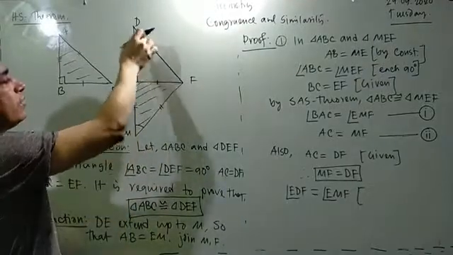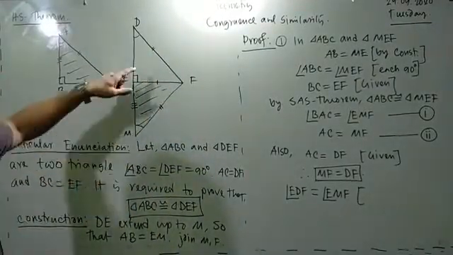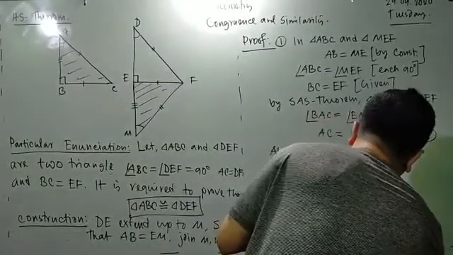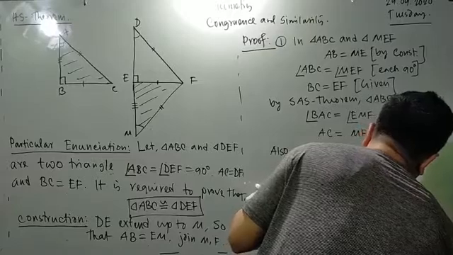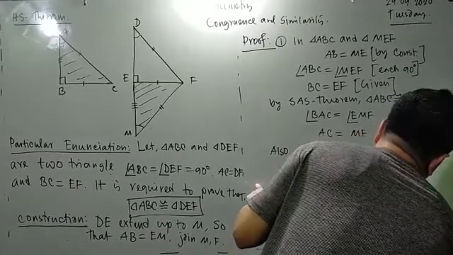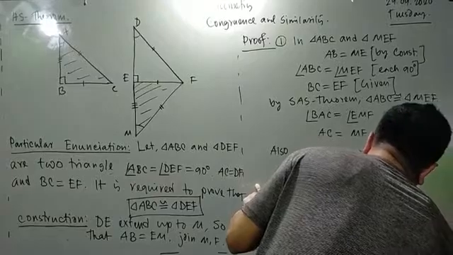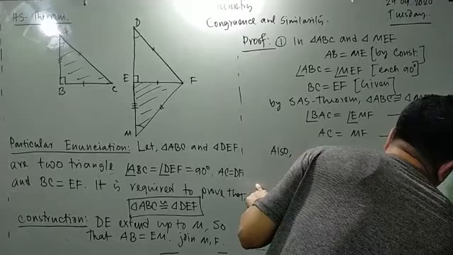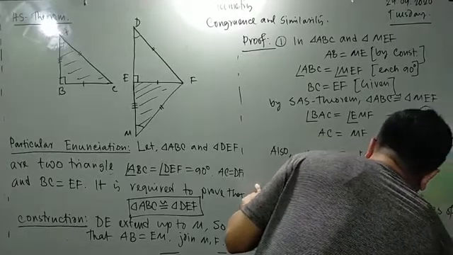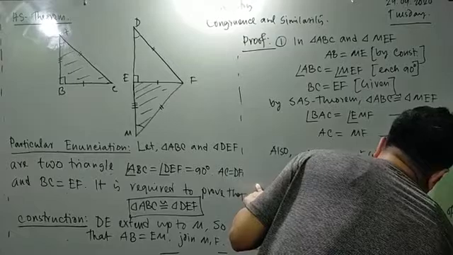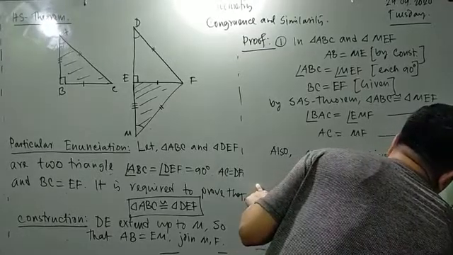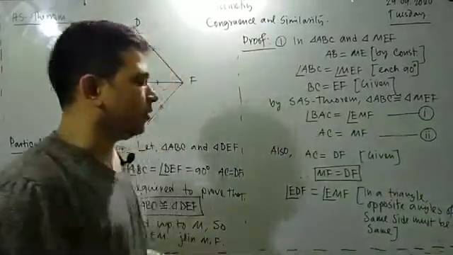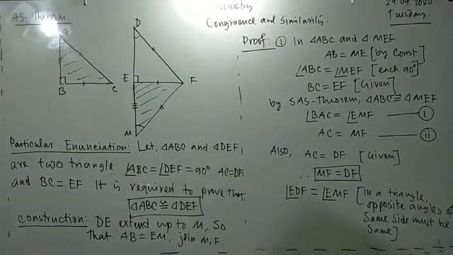So the opposite angles of equal sides in a triangle must be equal, of course. So in a triangle, opposite angles of equal sides must be the same.